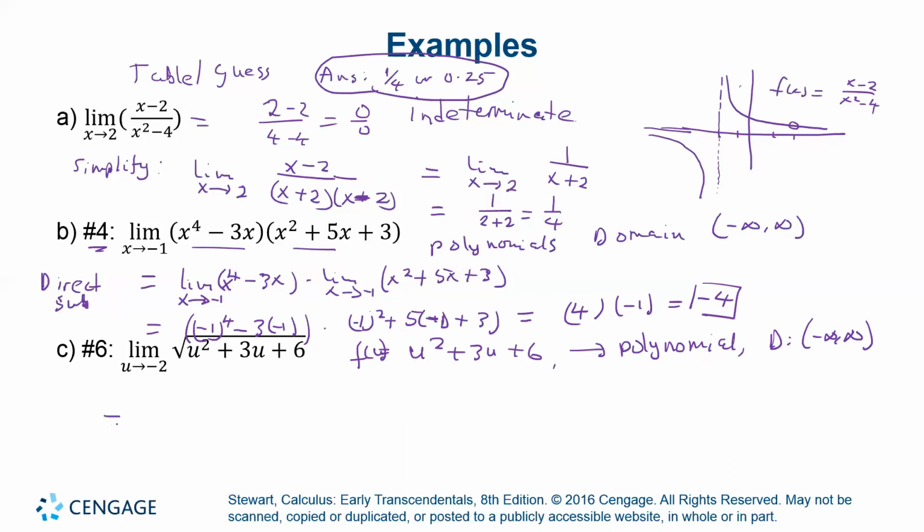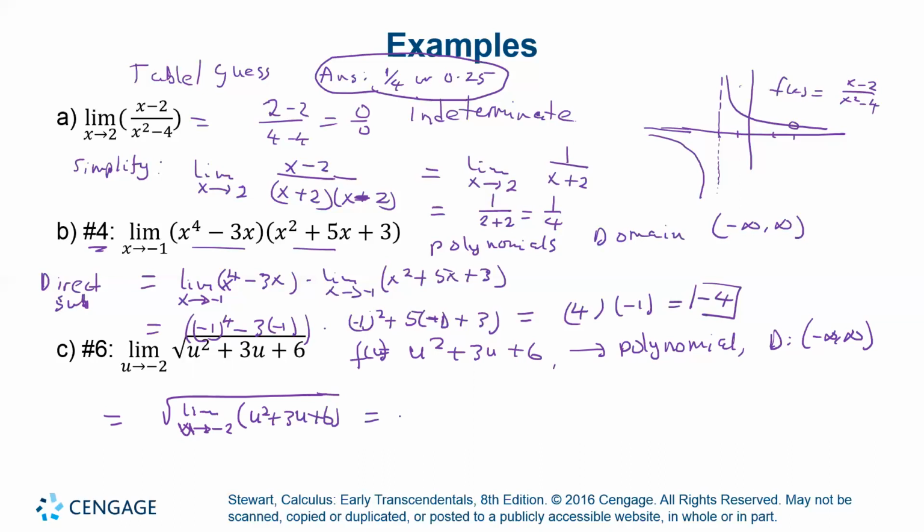And so this limit is equal to the square root of the limit as u goes to negative 2 of u squared plus 3u plus 6.